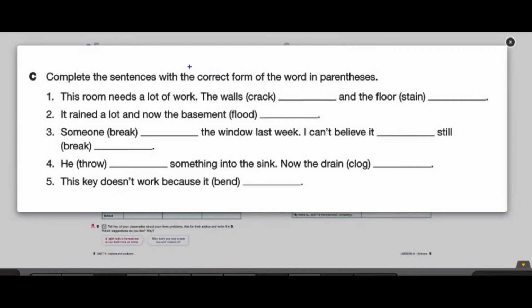Again, remember that you have 3 options: you can use the base form, the simple past, or if it's a state, the verb be and the past participle as an adjective. Complete the sentences please. You have 1 minute.